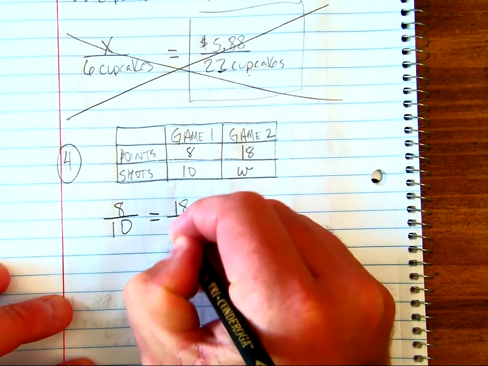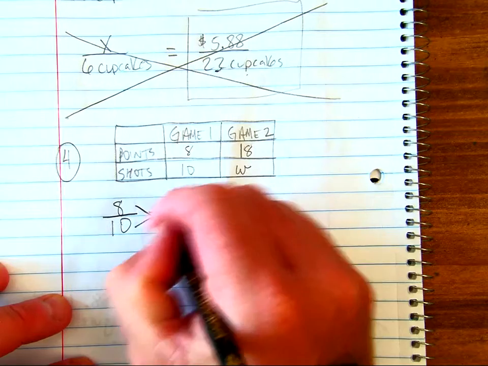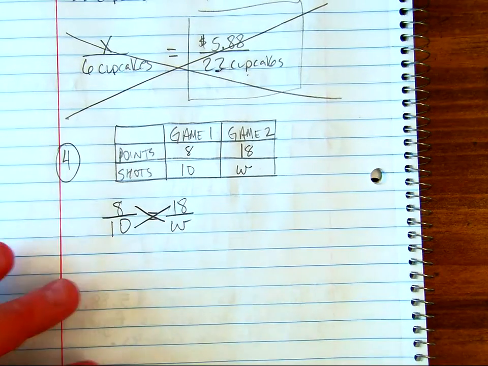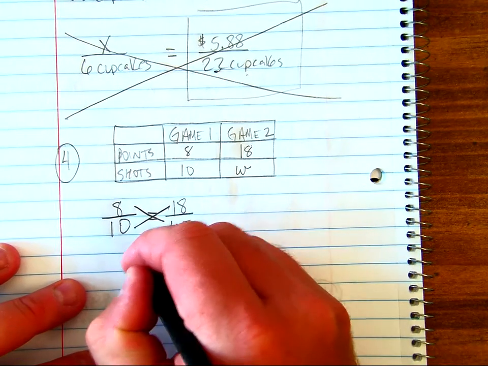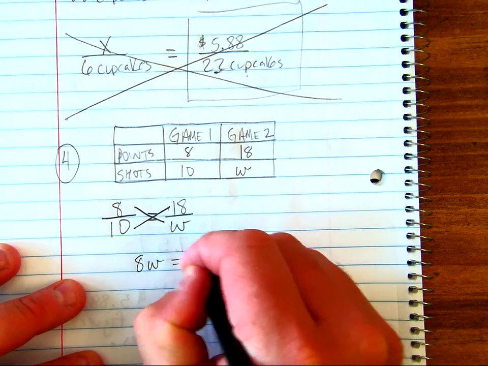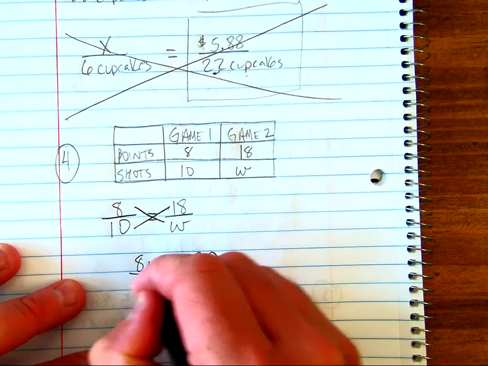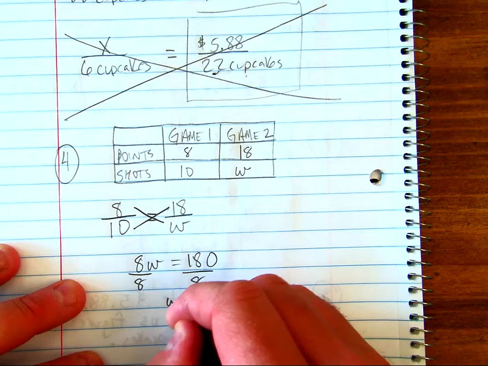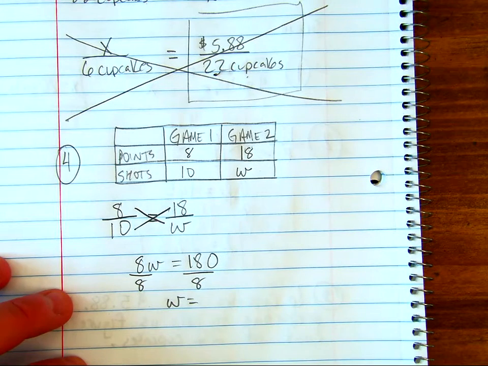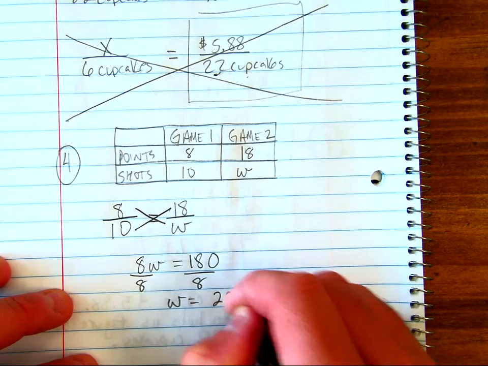Right. And then we would just cross multiply like we did in the beginning and get 8W equals 180. Divide by the coefficient and you get 22.5 shots.